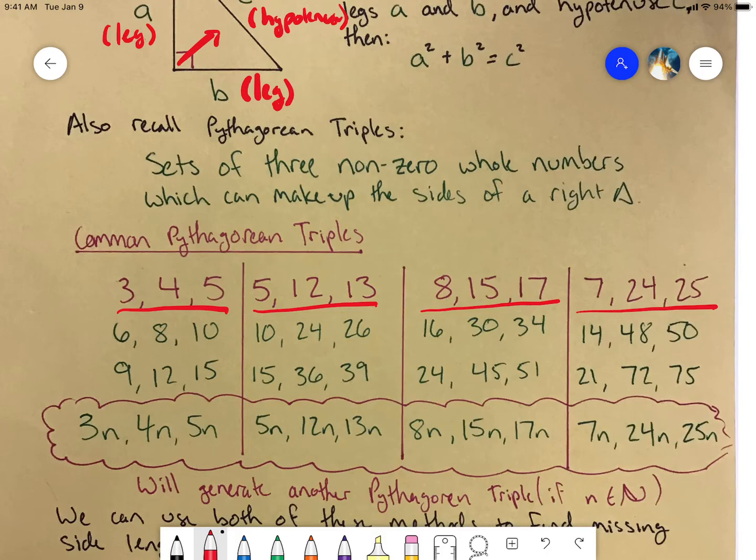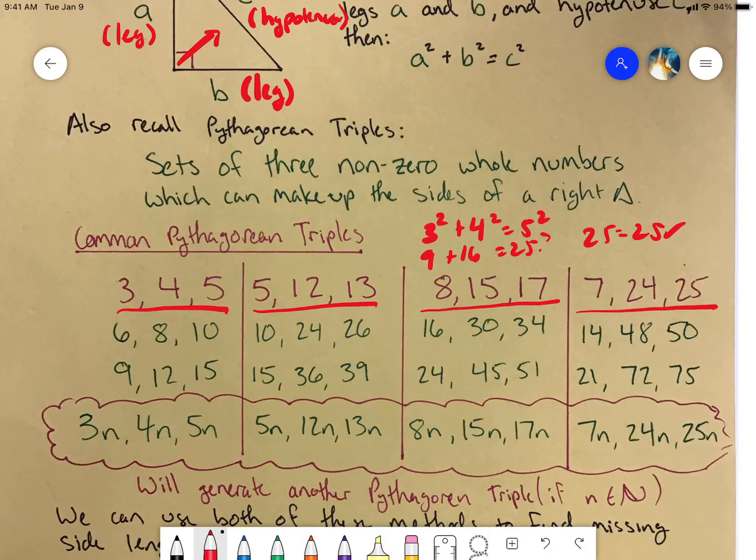Just as an example, if I take 3 squared plus 4 squared, and I want to figure out, does that equal 5 squared? Well, that's 9 plus 16. Does it equal 25? All right, and the answer is yes. 25 is equal to 25. So they make up a right triangle. And you can do that for each one of these triples: 3, 4, 5, 5, 12, 13, 8, 15, 17, 7, 24, 25.